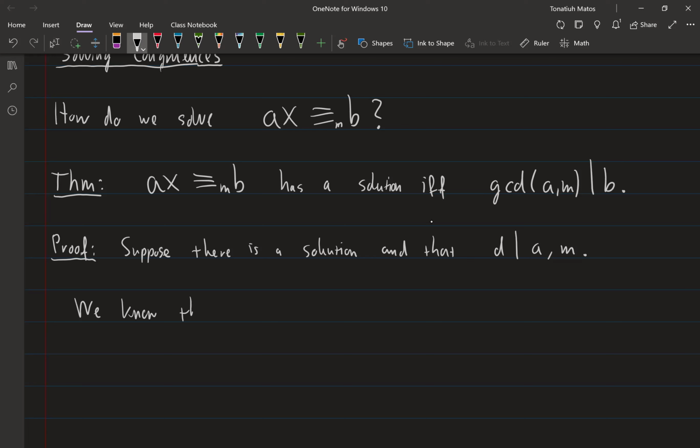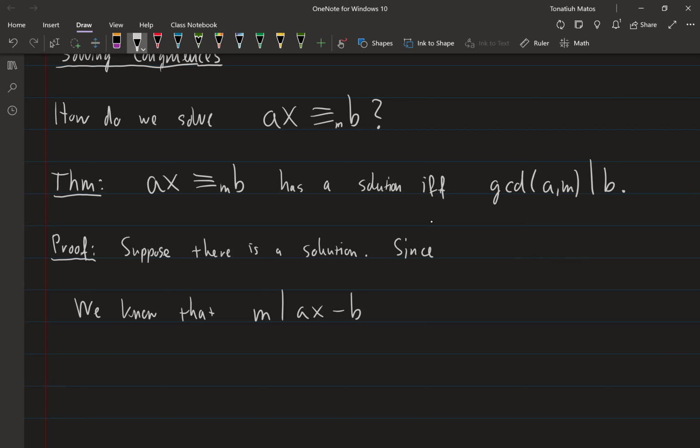M divides AX minus B. So how do we combine these facts? What do you think we can say about this? Actually, we don't even need this. Well, there's a solution.